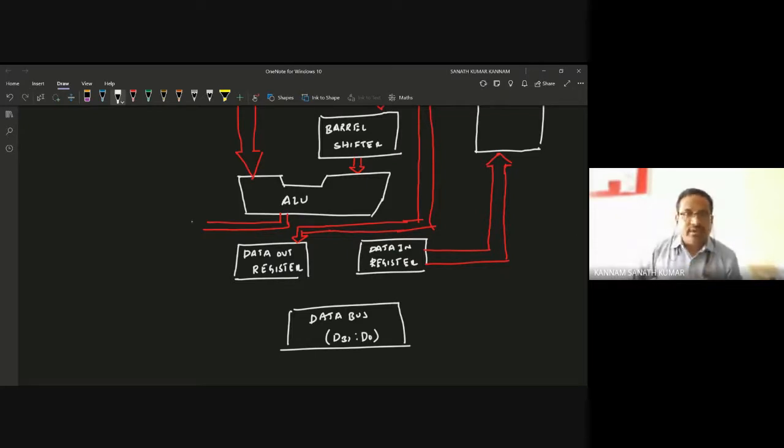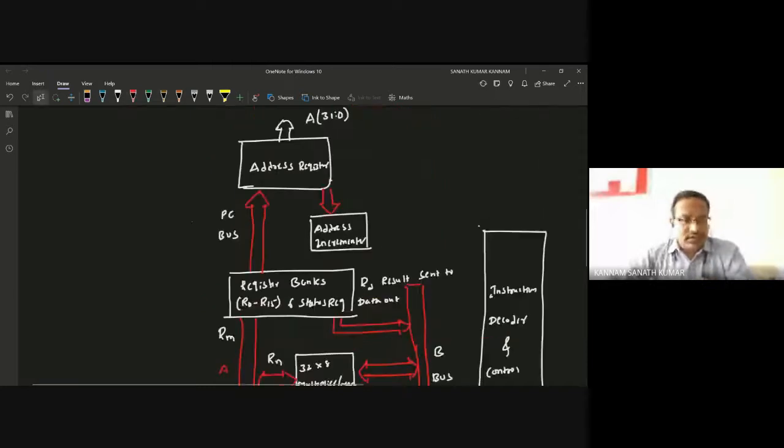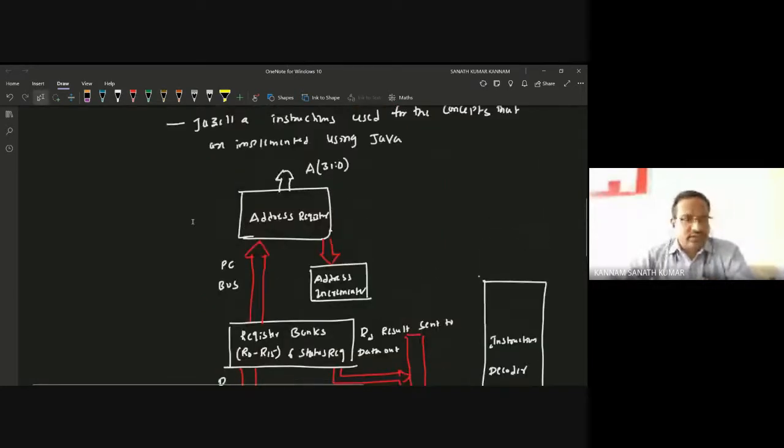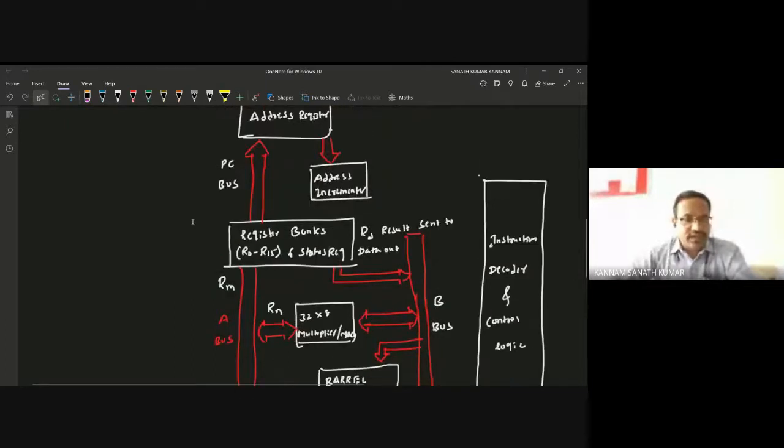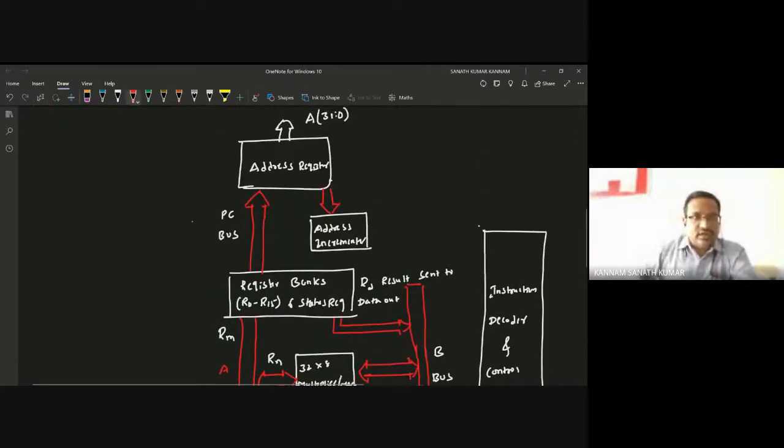Whatever is in the data out register comes to the data bus, and whatever data comes from the external world goes to the data in register. So here, if you see, this is the architecture of the ARM processor, and next you have the ALU bus. The ALU bus will connect all of this.